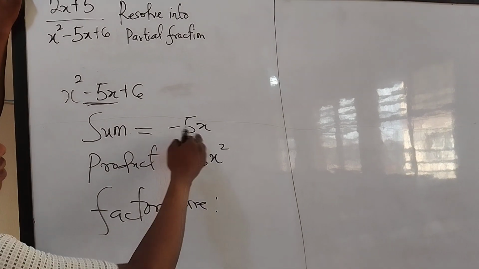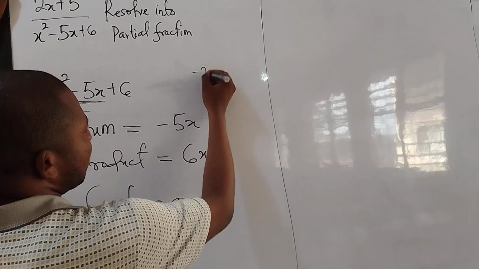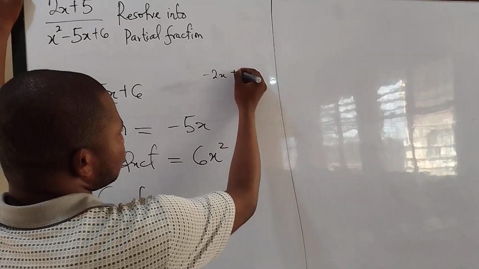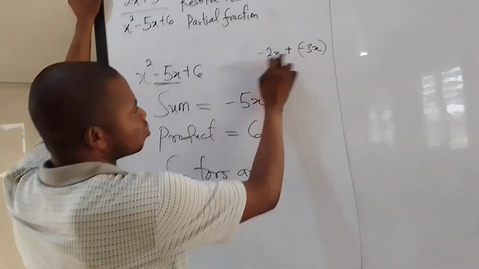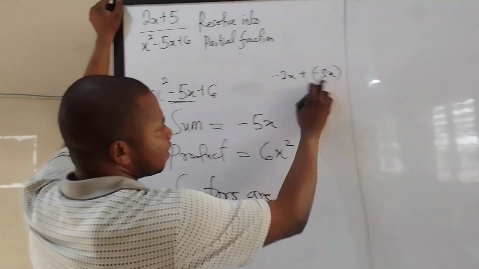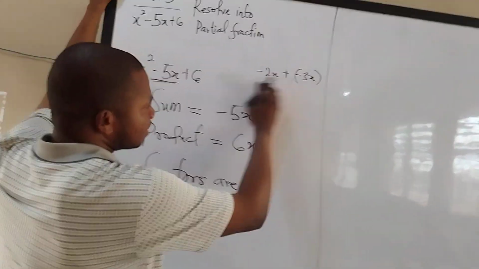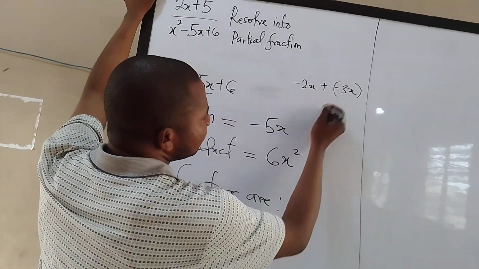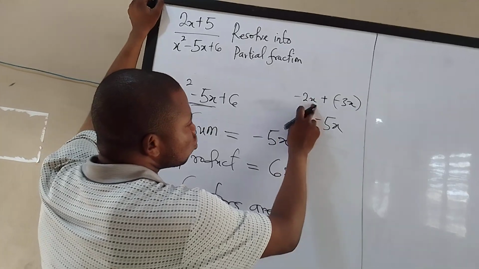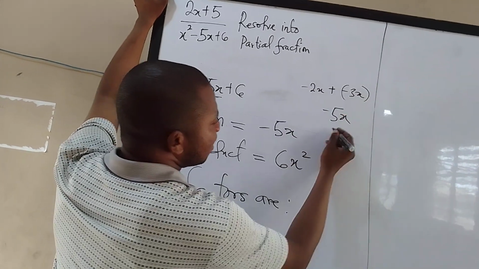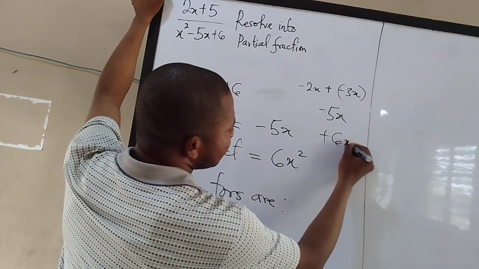So, looking at this, I found out that if I say minus 2x plus minus 3x, plus times minus will give me minus, so minus 2x minus 3x will give me minus 5x. And now, minus 2x times minus 3x will give me plus 6x squared.